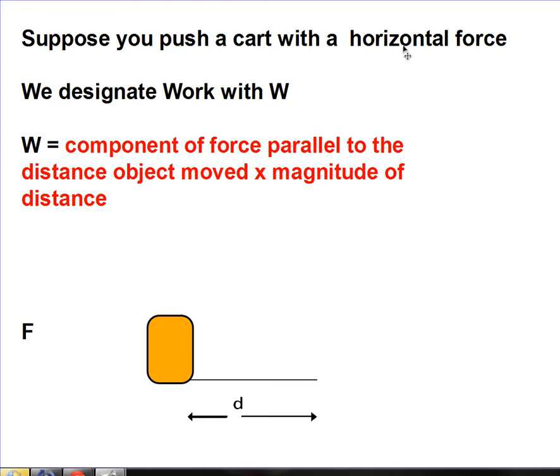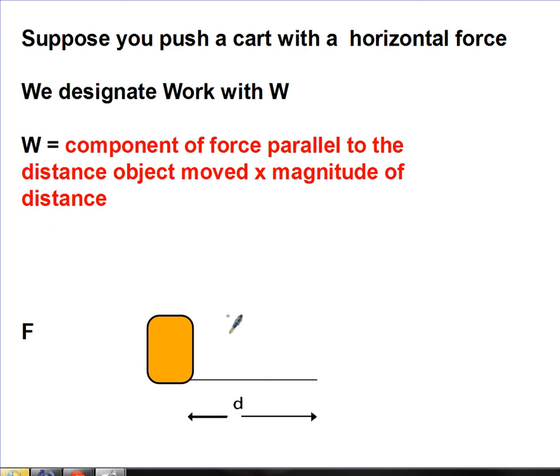Now, suppose you push a cart with a force, and we're going to designate work with this W. It's always a capital W. And the W is going to be the component of our force that is parallel to the distance traveled.